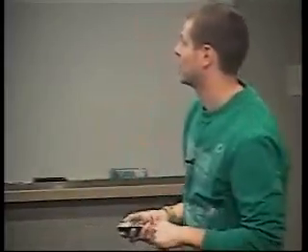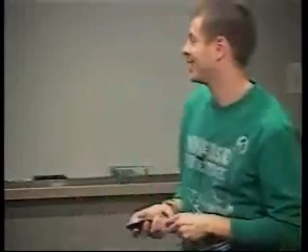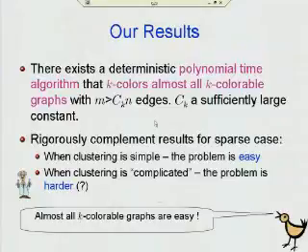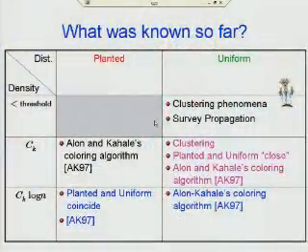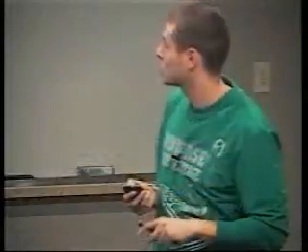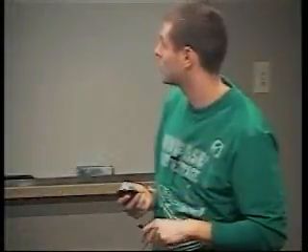Okay, so coming to the title of the talk: what we actually established is that almost all k-colorable graphs are easy, for every given density greater than some constant. Just to put it in a framework, what was known so far: we have the planted versus the uniform.